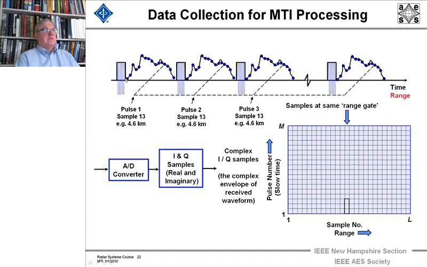The time when we get back that sample is twice the range divided by the speed of light. So for each sample, let's just pick the 13th sample, in each pulse, it'll have the same time delay from the transmit of each pulse. And that 13th sample, let's say, is looking at a range of 4.6 kilometers.